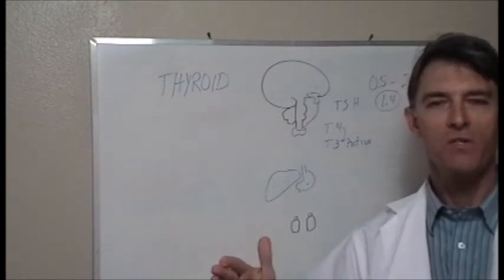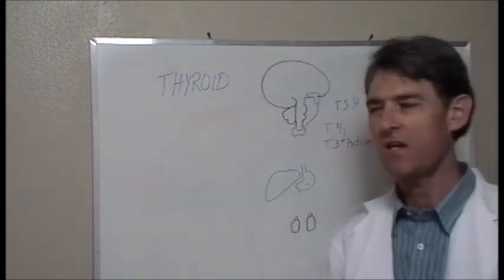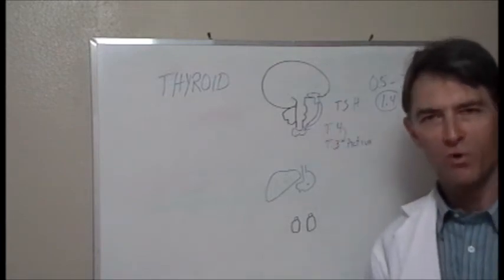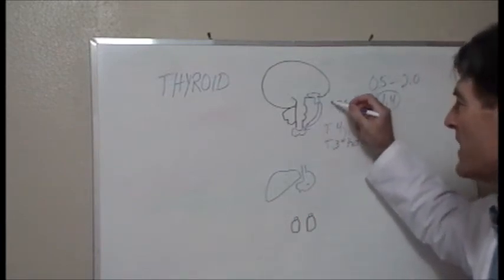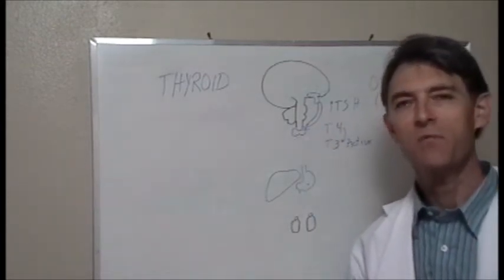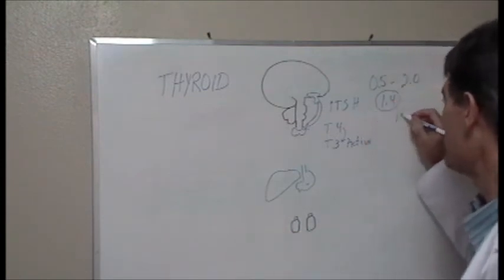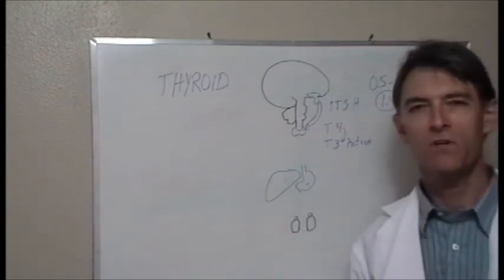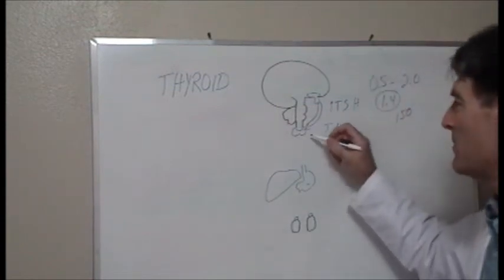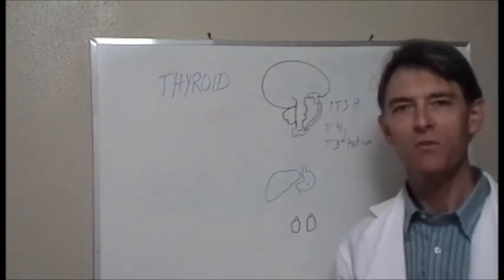When you get much more past that, you have a large amount of TSH from the pituitary telling the thyroid to produce more hormone. The higher the TSH, the less the thyroid is working. I've seen people with a TSH of 150, but anything over 9 or 10 means you've got a low functioning thyroid, because the pituitary is telling the thyroid to produce more and more, and it just can't do that.